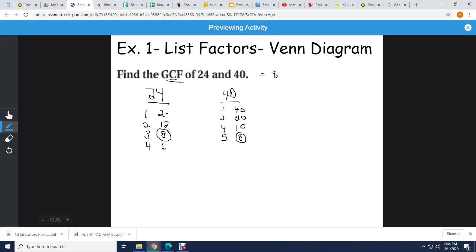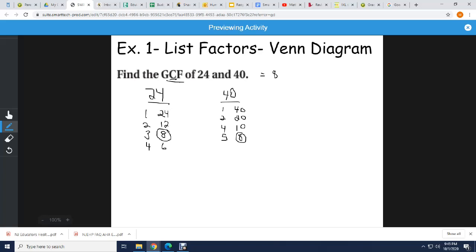Now that's all well and good, and that definitely works. But I would argue, especially when you get to a greatest common factor involving 3 numbers, or if the numbers are a little bit more difficult than 24 and 40, a mistake that I always made when I was in middle school was that I would leave off a factor pair somewhere, and I would miss it.